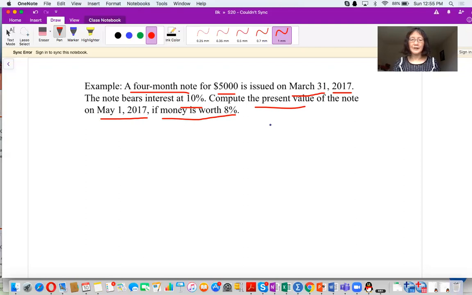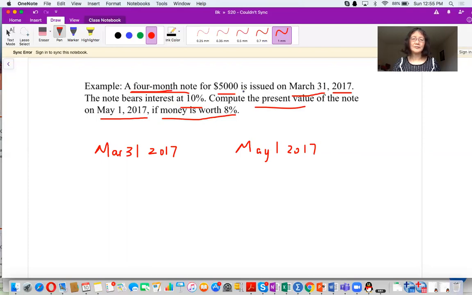There are 3 dates here. The first is March 31st, 2017. And we have May 1st, 2017. And we also have these 4 months.